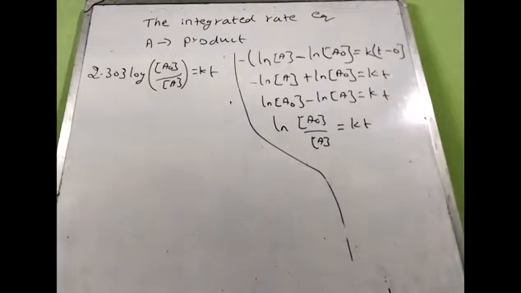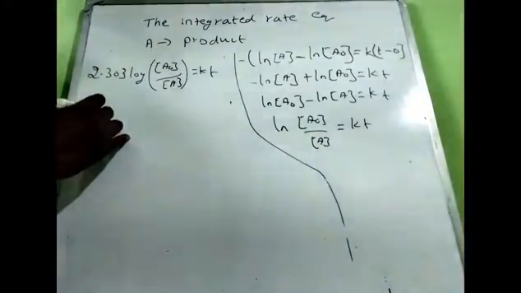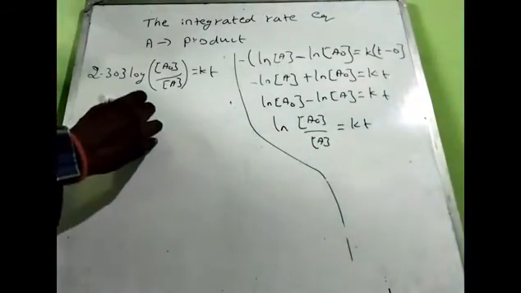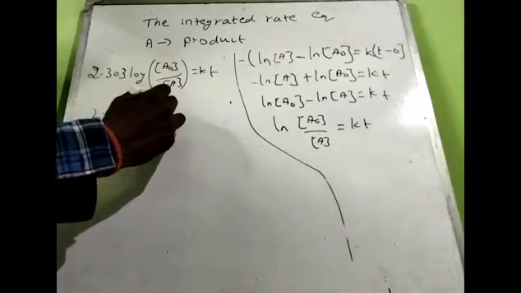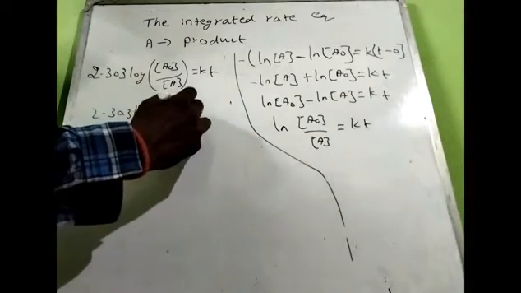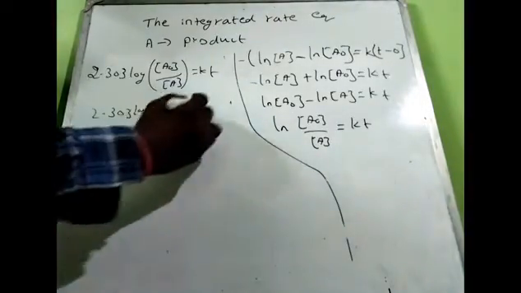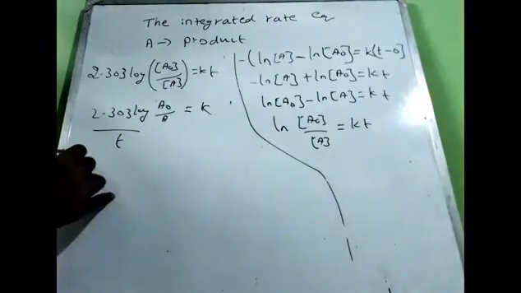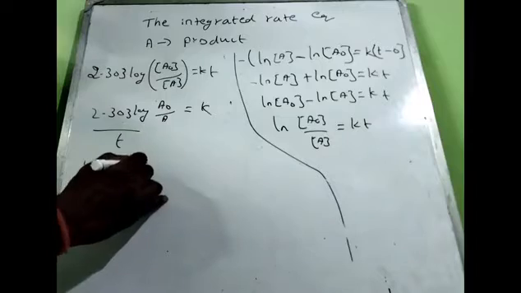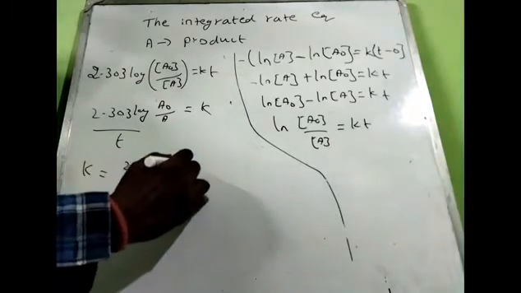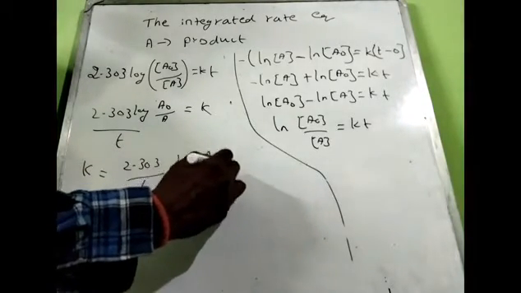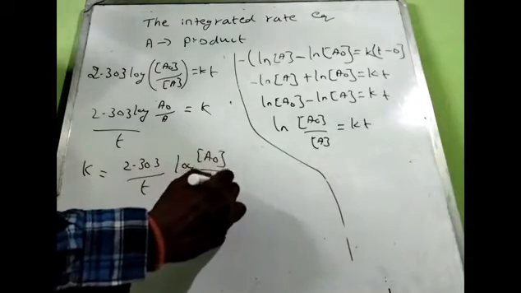Now again apply the log rule. You want to find the k value, so bring the d to this side. 2.303 log of a naught by a equals, multiply becomes division, k. So finally we can write the k value equals 2.303 by d log of a naught by a.